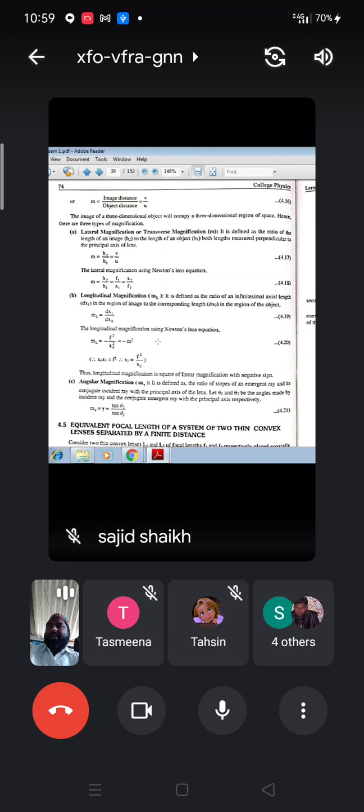In short, you can write m is equal to image distance upon object distance, which is denoted as v by u. You can take the image distance as v and the object distance as u.